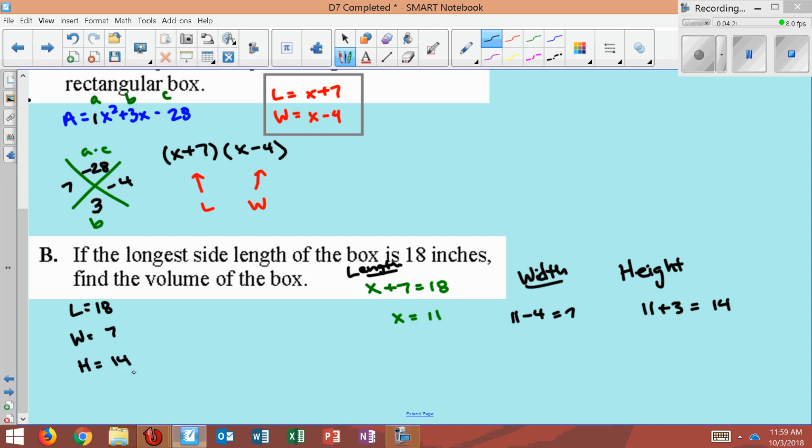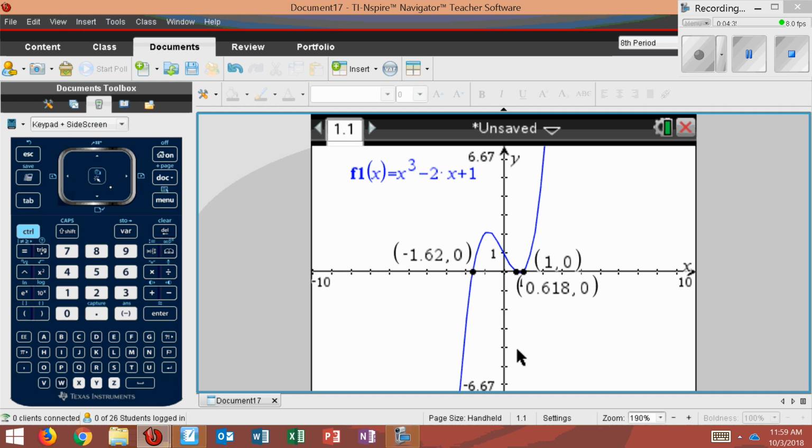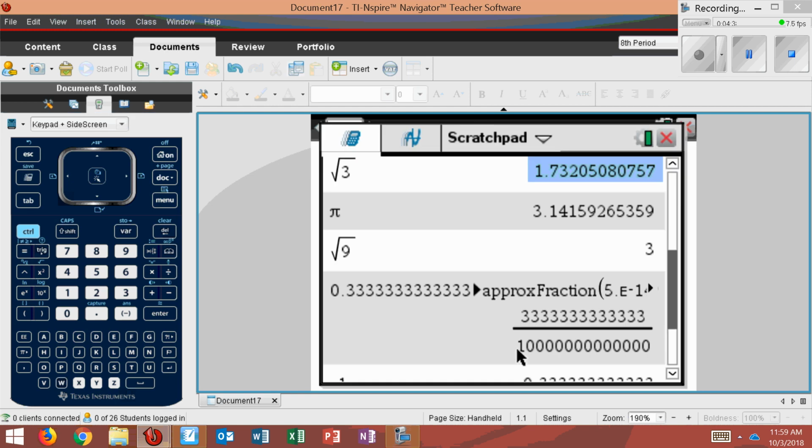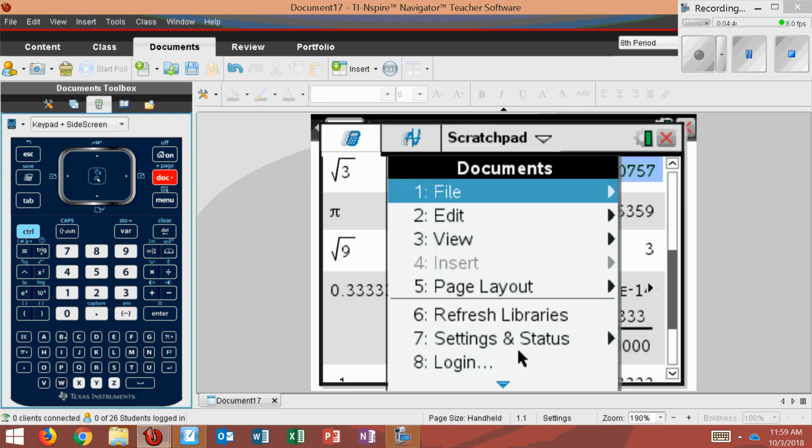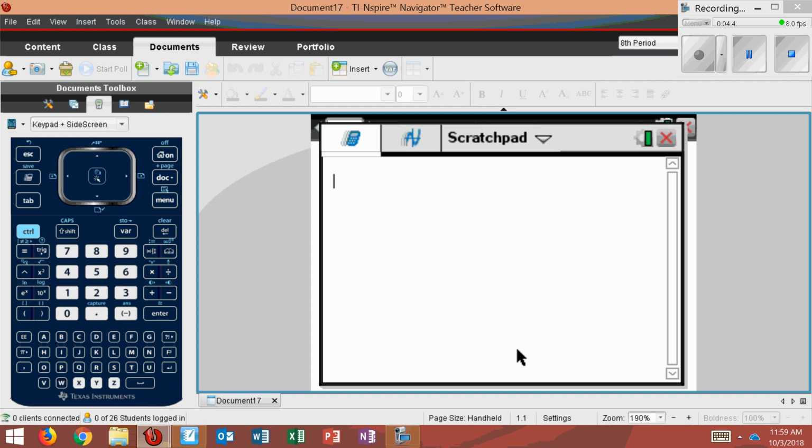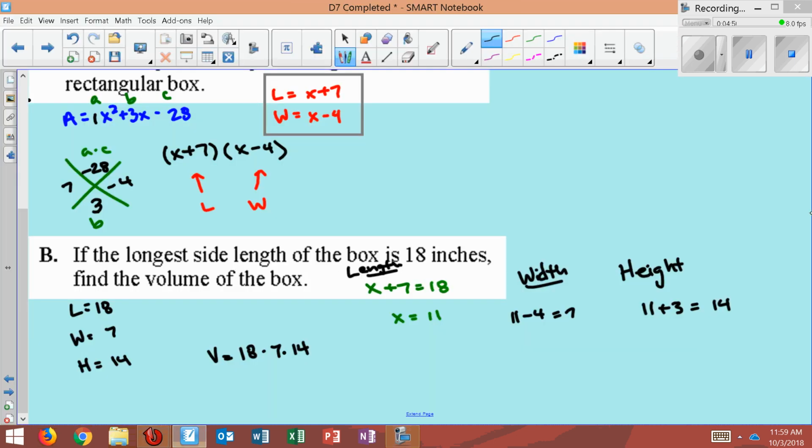To find the volume, I would multiply these out. Volume would equal 18 times 7 times 14, which, when I go to my calculator, 18 times 7 times 14 is 1764.